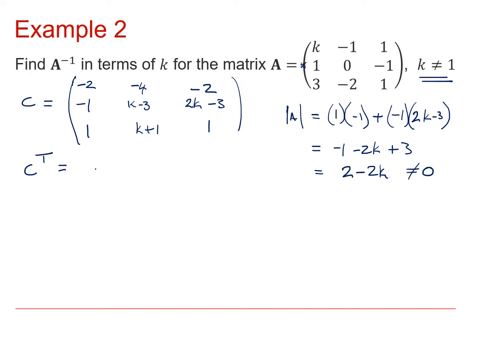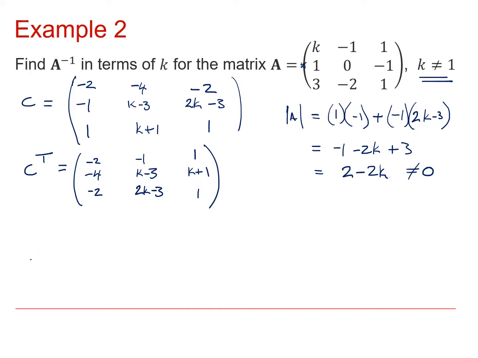So the transpose of that is going to take the first row and turn it into a column, so minus 2, minus 4, minus 2. Second row, minus 1, k minus 3, 2k minus 3. And the last row, 1, k plus 1, 1.